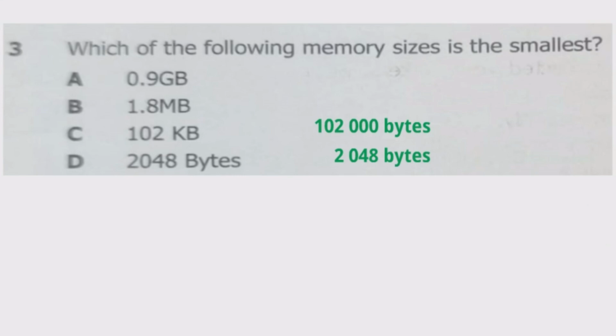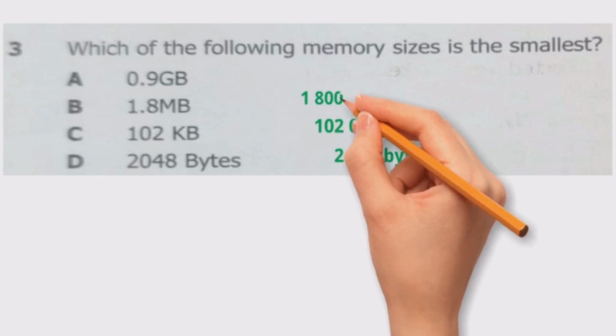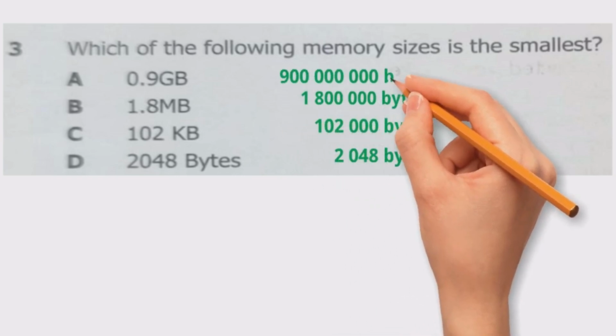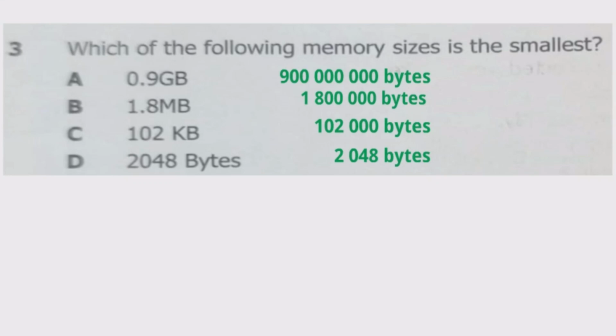Then B, 1.8 megabytes, is equal to 1,800,000 bytes. Then A, 0.9 gigabytes, will be converted to 900 million bytes. So that is the conversion.